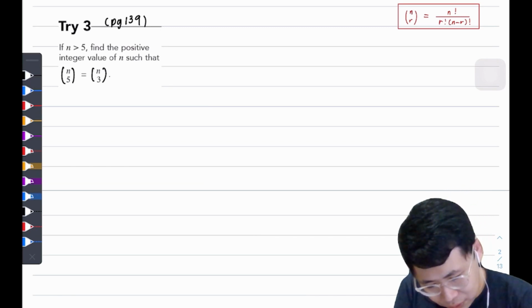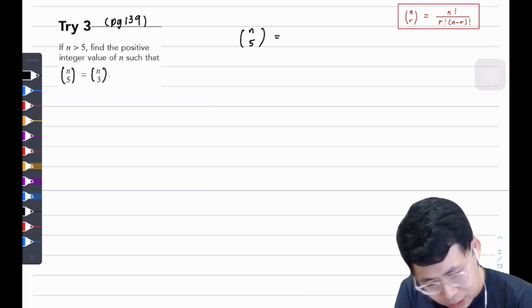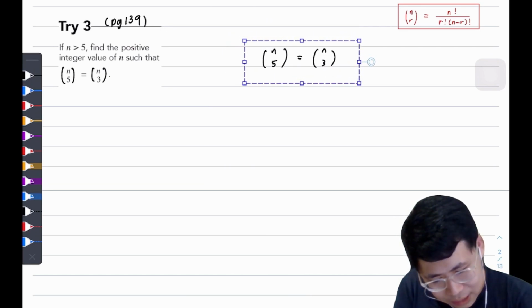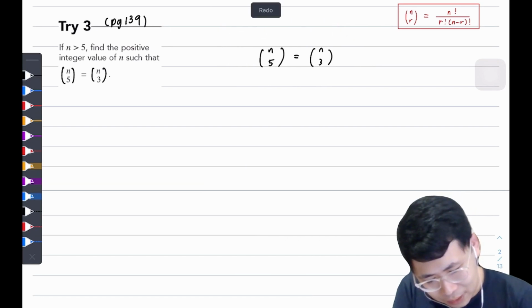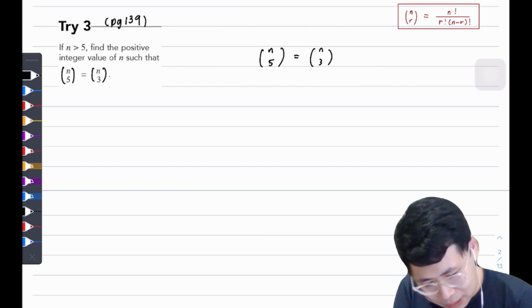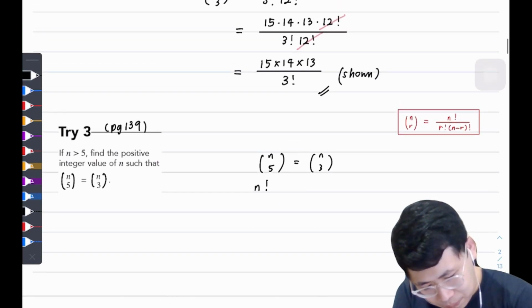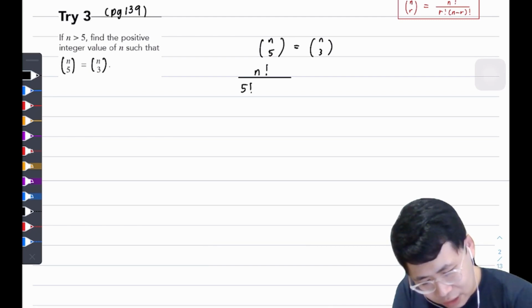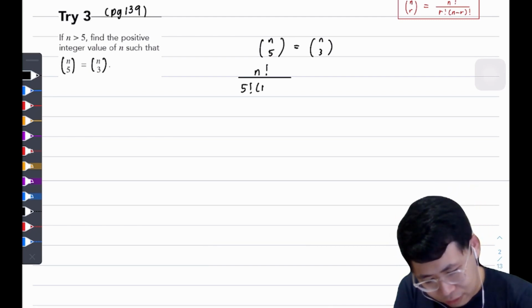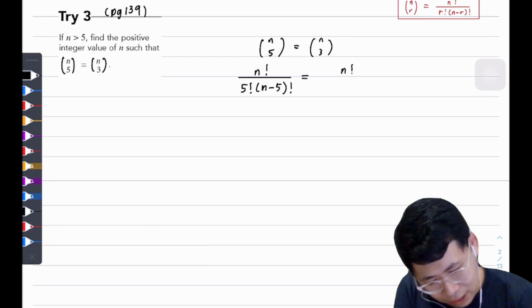We are given n choose 5 is equal to n choose 3. So let me do this here, more space. n choose 5 means, based on the formula, the top would be n factorial, the bottom is going to be 5 factorial first, the r factorial, and the difference factorial, is equal to n factorial on top.